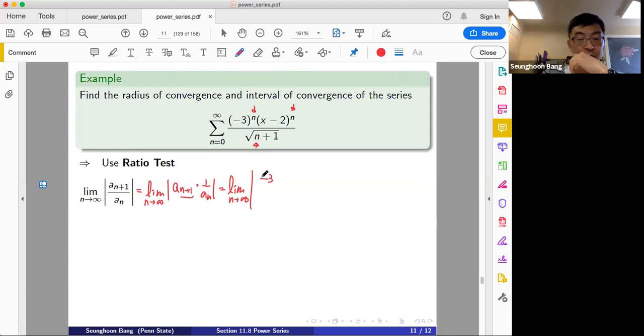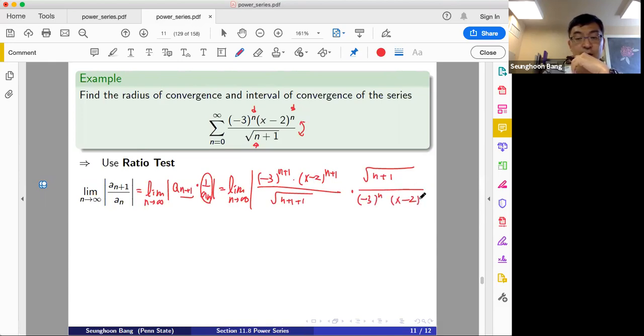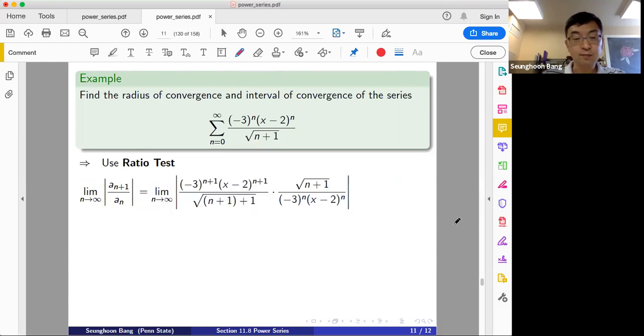We have (negative 3) to the power n plus 1, times (x minus 2) to the power n plus 1, over the square root of n plus 1 plus 1, times 1 over a_n. One over a_n is the reciprocal, so we only flip: root of n plus 1 over (negative 3) to the power n, (x minus 2) to the power n.